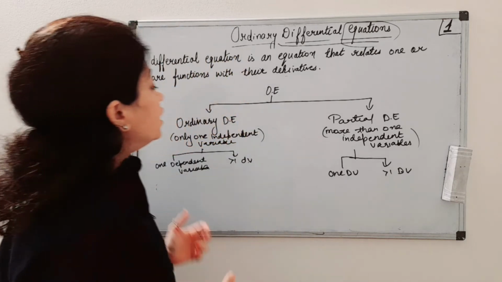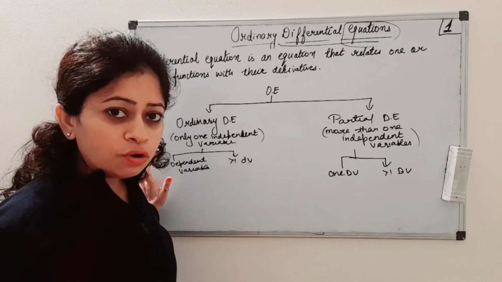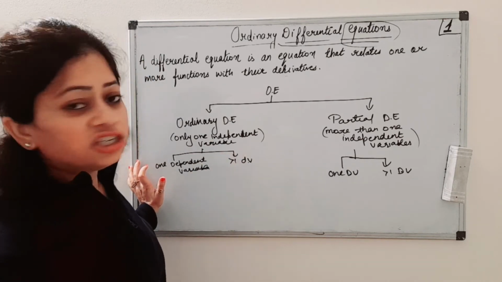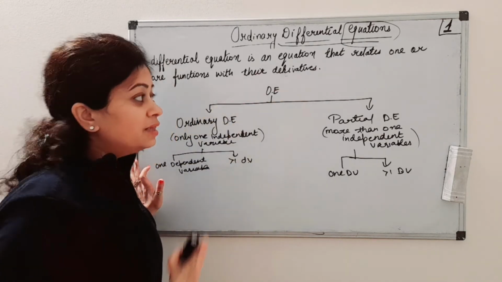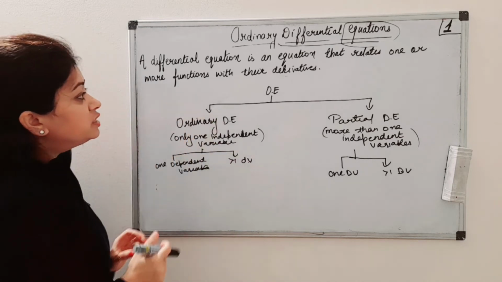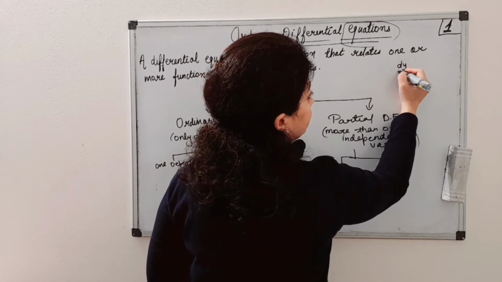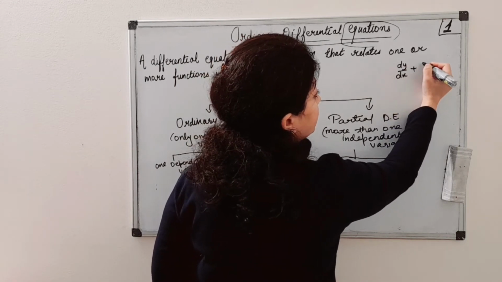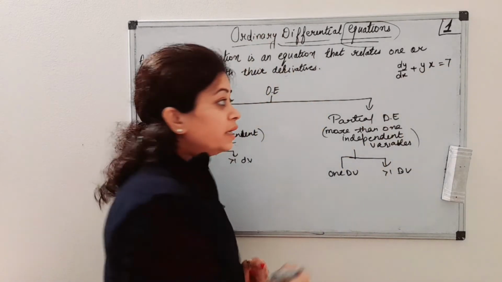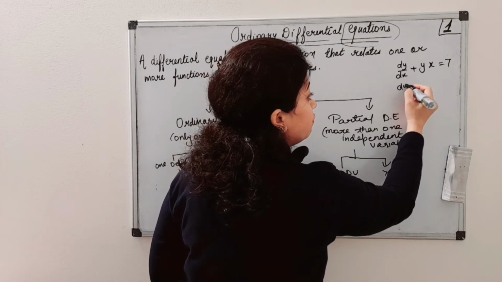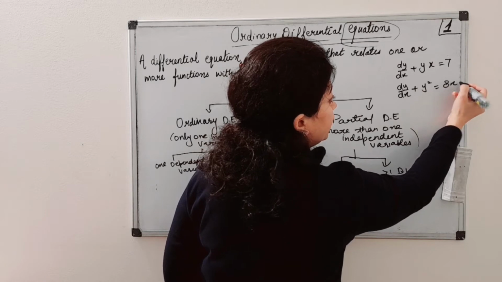Okay, so see here, now we have studied the definition of an ordinary differential equation. A differential equation is an equation that relates one or more functions with their derivatives. Like suppose we have dy by dx plus yx equal to 7. Suppose we have dy by dx plus y square equal to 8x.